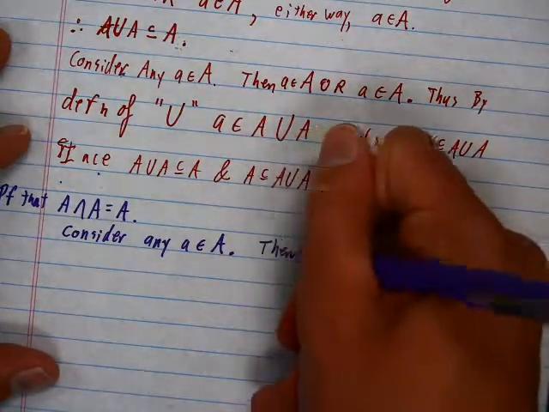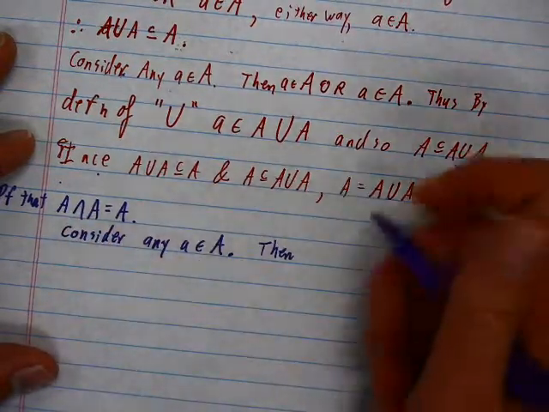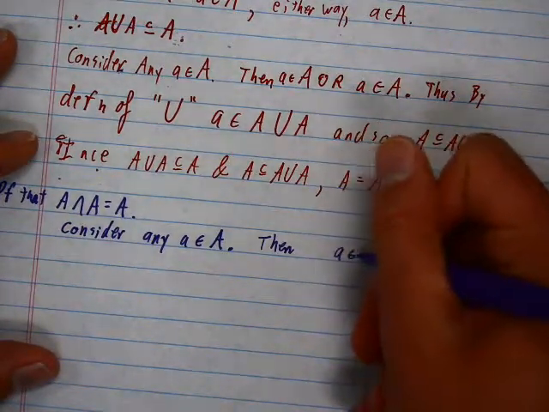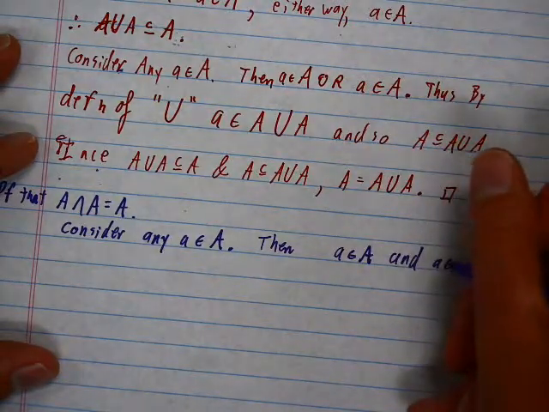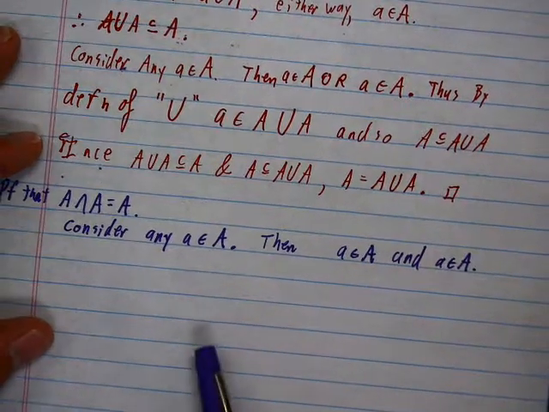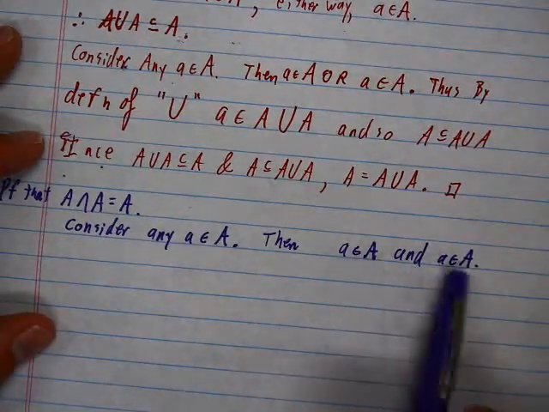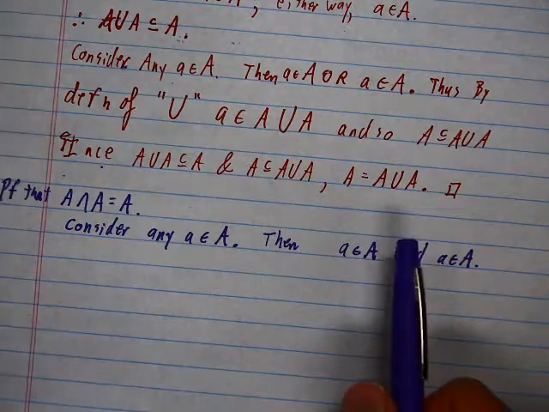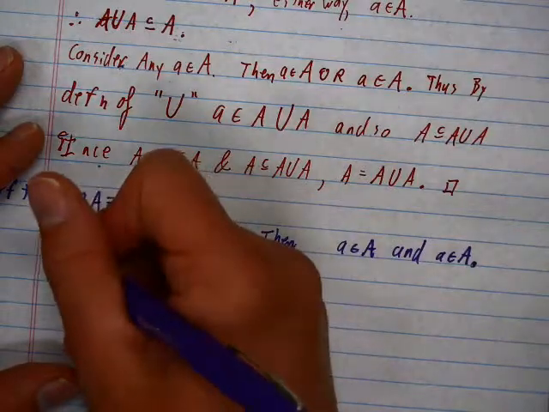Then, well, we need it to be in the intersection, so we need it to be in both of them. But if a is in A, well, that means that a is in A, and it's also true that a is in A. And again, that's a super silly thing to say, but if a is in A, then are both of those things true? Yeah, so the and statement is true. So this does indeed follow.